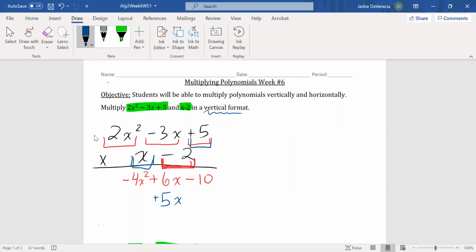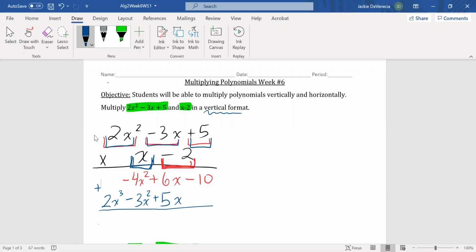Then you can move to x times -3x, which is going to give you a -3x squared. And then you're going to be doing x times 2x squared, which is going to give you a 2x cubed.